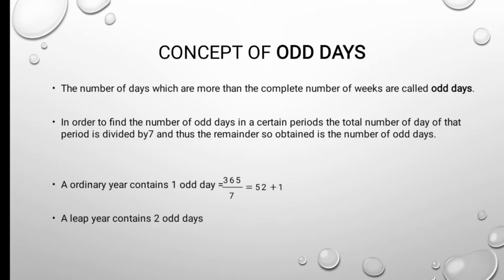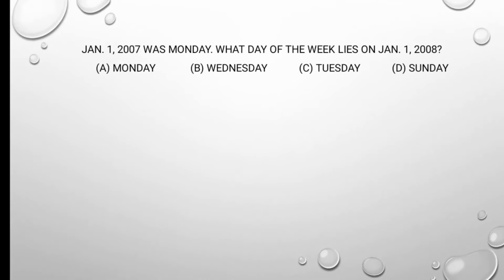And when we talk about a leap year, the number of odd days are 2. How? The number of days for a leap year is 366, and when 366 is divided by 7, we get 2 as the remainder. So that is the number of odd days in case of a leap year. How to use this concept to find the relative date, that we'll see.